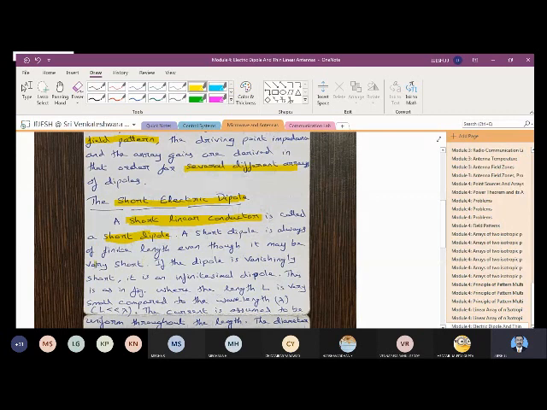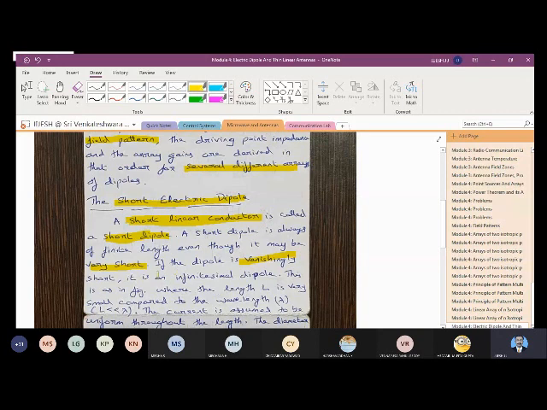If the dipole is vanishingly short, you have to see what we mean by very short. Vanishingly short means you have a very small thing, and then you call it vanishingly short or very short.